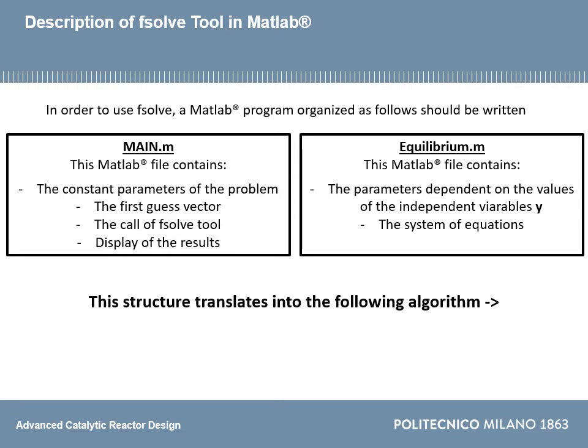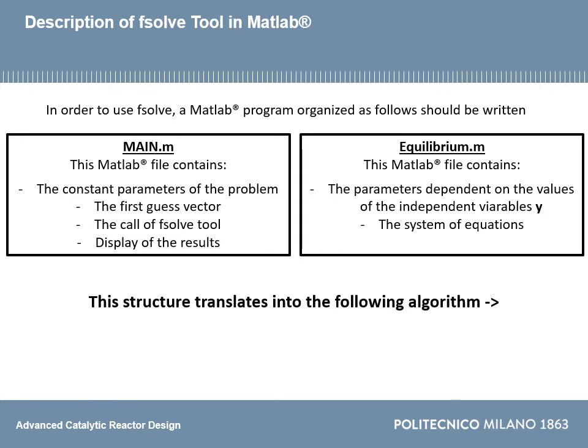The function f is contained in the second script, that is equilibrium.m. It is important to remember that this script is a function script. Thus, it must have the same name as the function contained inside. In this script, we must write the functional form of the equation, or system of equations, to be solved.